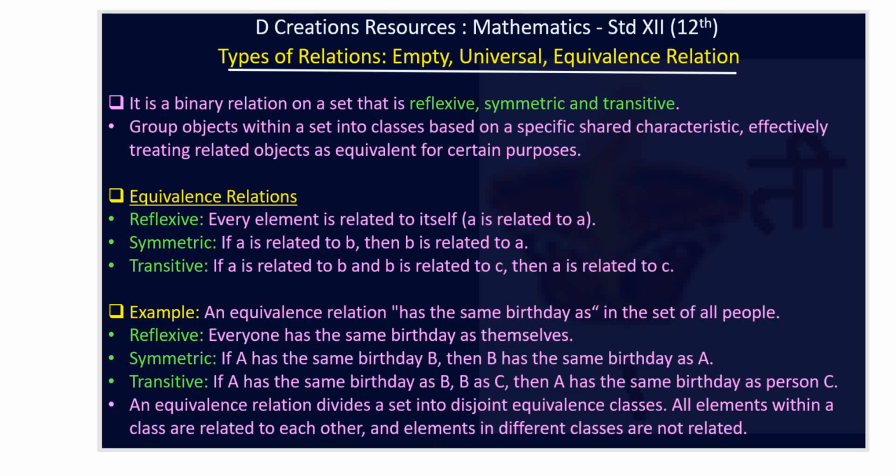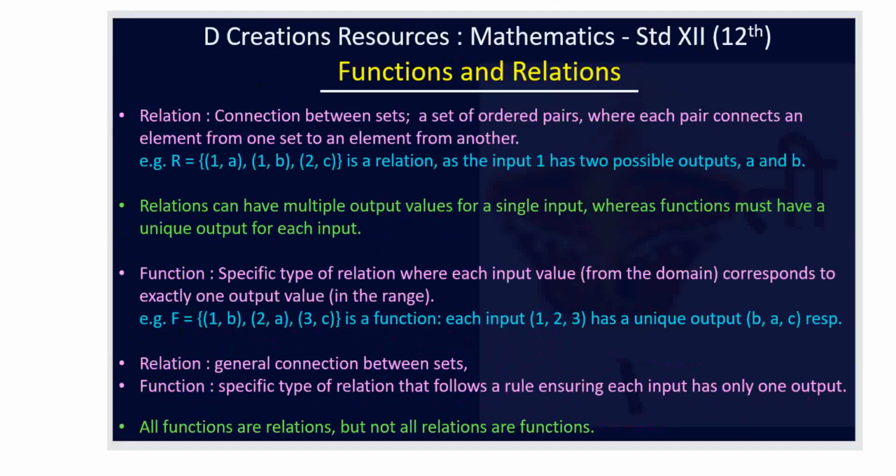So we have already seen what are relations. If you recall, we have already done an episode on functions and relations where we saw how relations are connections between sets. It's a set of ordered pairs. So as you can see here, for example, this set R is a relation.